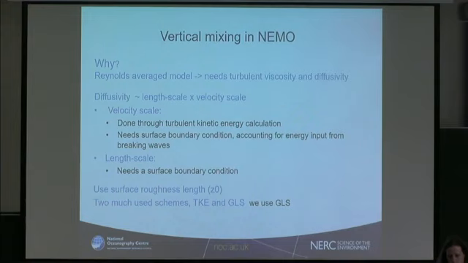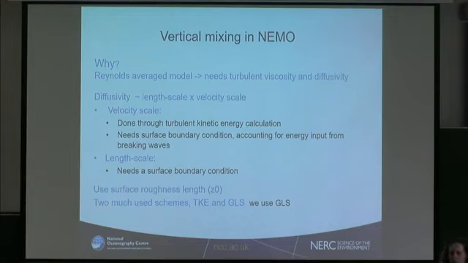There is an equation with all kinds of terms. One of them, which accounts for the surface boundary condition, is the energy input that you get from breaking waves at the surface. For length scales as well, there are different approaches, more simple or more complicated, but in the end, you have an equation that needs surface boundary conditions.